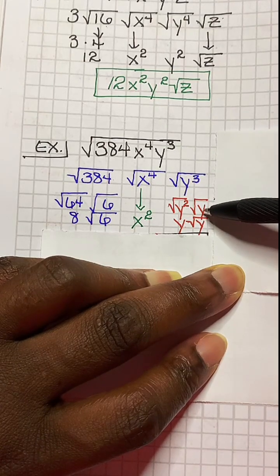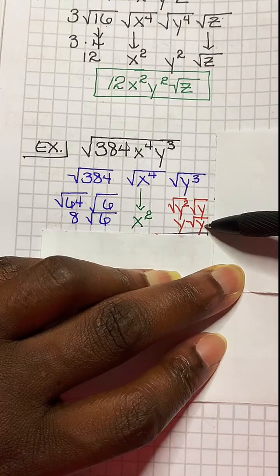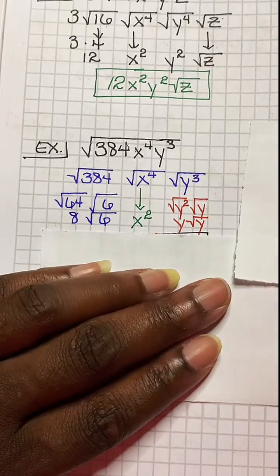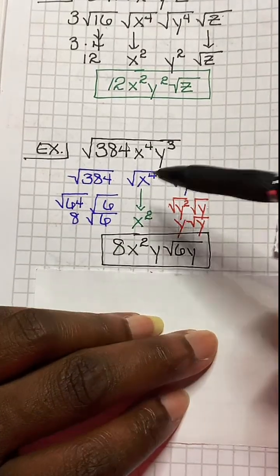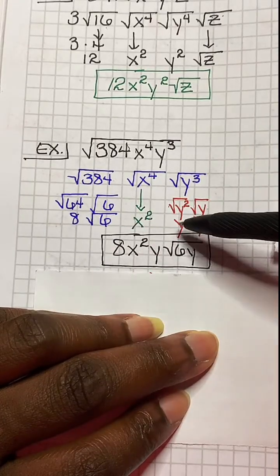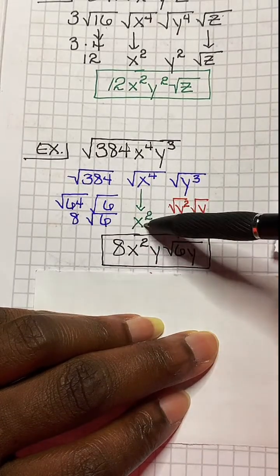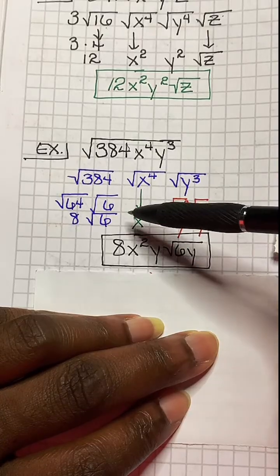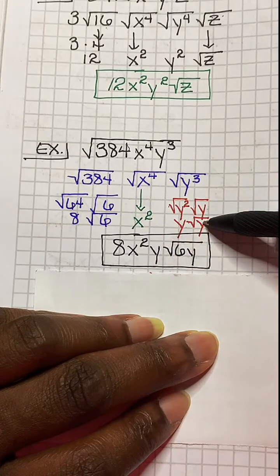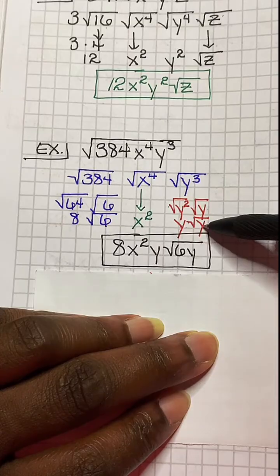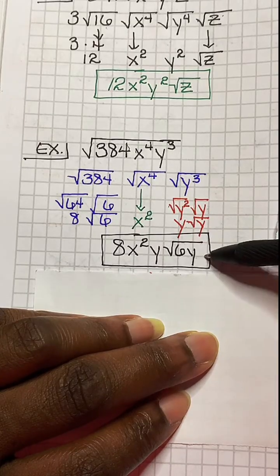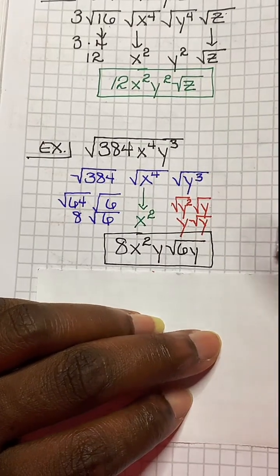So if I can't break it down, I bring it down. All right? So then I could gather all the ones that are not underneath a square root, so that's 8x squared and y. And then I gather everything that is under a square root. That gives me my 6 and my y. And then that will be my breakdown of my original.